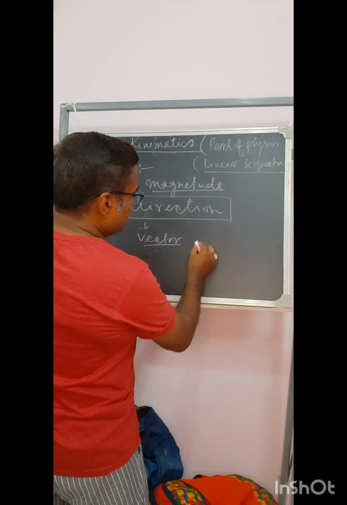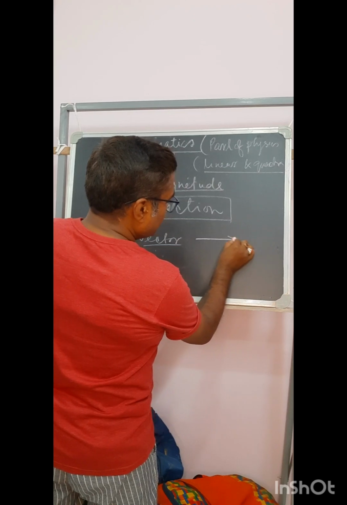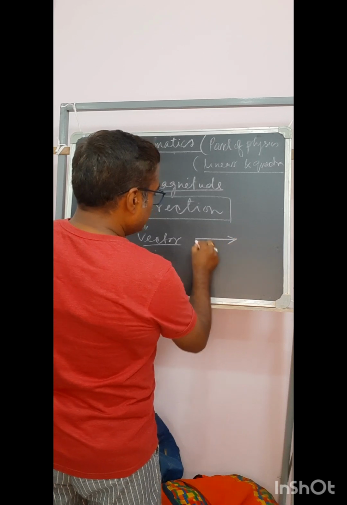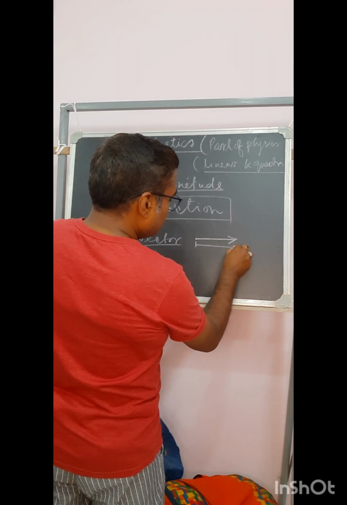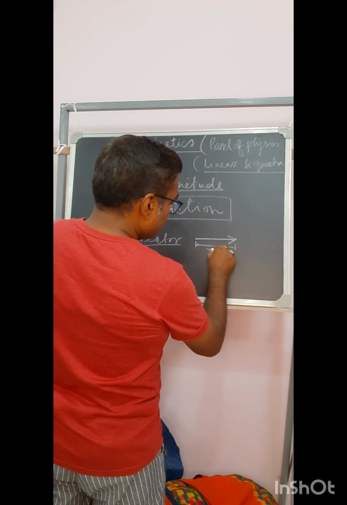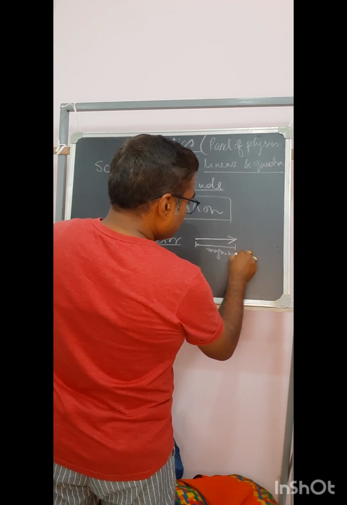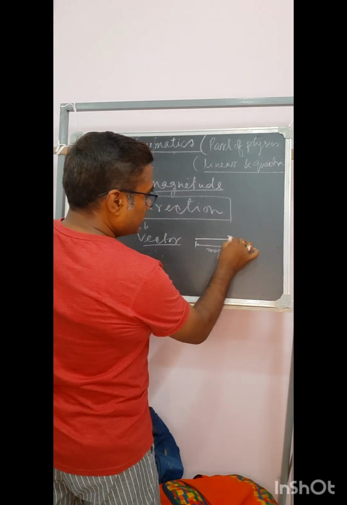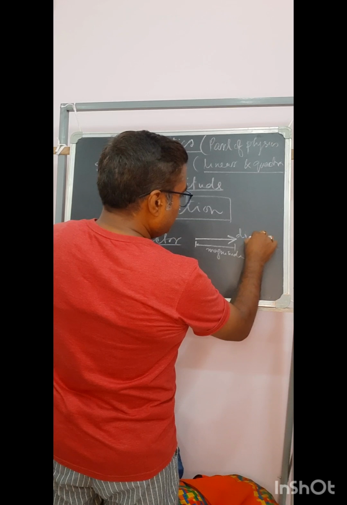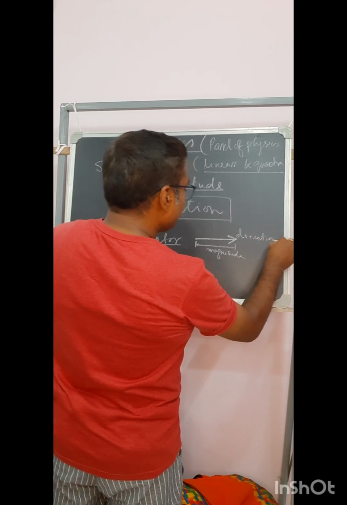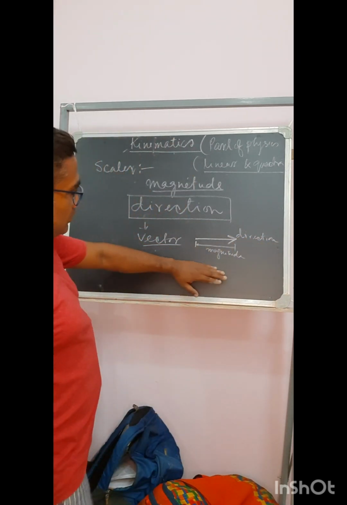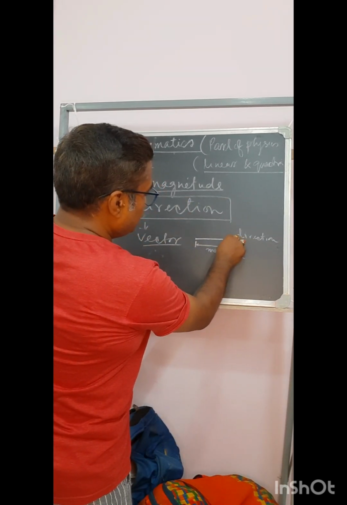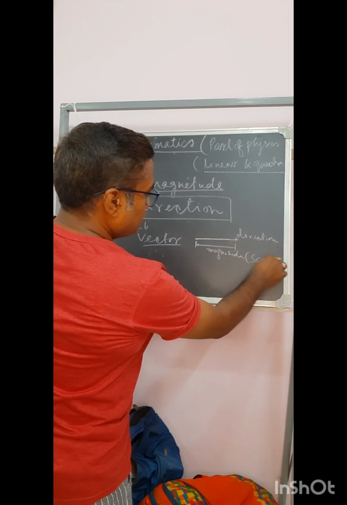A vector is represented by an arrow mark on its head, and the length is the magnitude of it. Magnitude is the length of the vector, and the arrow is the direction of the vector. This way a vector is represented. Now you see, if I remove this arrow, this is nothing but a line segment, and this is a scalar.